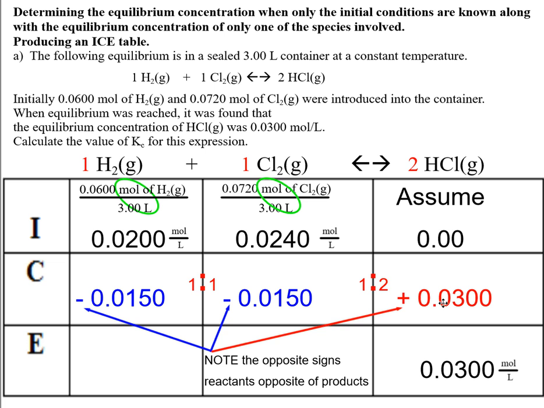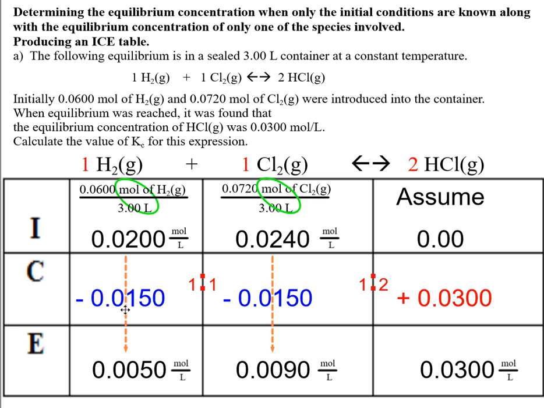If the products are increased, meaning that the reactants have been used up, reduced in amount. Next, we do the math through the columns of initial minus the change, in this case, which gives us this value. And at the end, we have all my equilibrium information for each of the species.